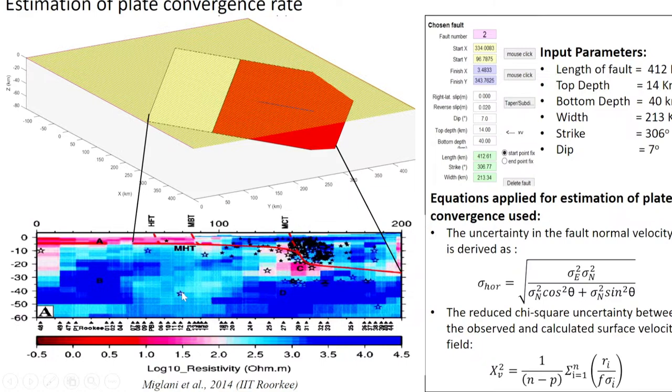This MT section is also helpful to understand the subsurface lithology, fluid motion, and rheology; all this we can demarcate and characterize with the help of MT data. As you can see, this gives information up to 60 km depth.